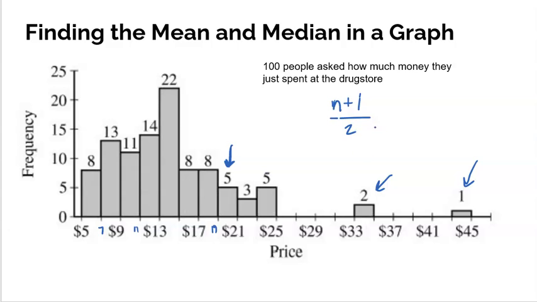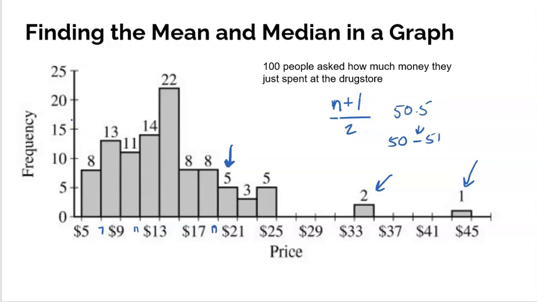So it's 100 plus 1, that's 101. 101 divided by 2 is 50.5. That does not mean the median is 50.5. That means that the median can be found at the 50.5 value. So right between the 50th and 51st value is where the median is going to fall. So let's find those values.